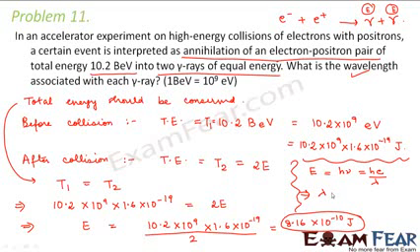So from this we can say that wavelength lambda is equal to hc divided by E. So h is 6.67 into 10 to the power minus 34 into 3 into 10 to the power 8, this whole divided by E, which is 8.16 into 10 to the power minus 10. So what is the wavelength? So we get that lambda is equal to 2.436 into 10 to the power minus 16 meters.